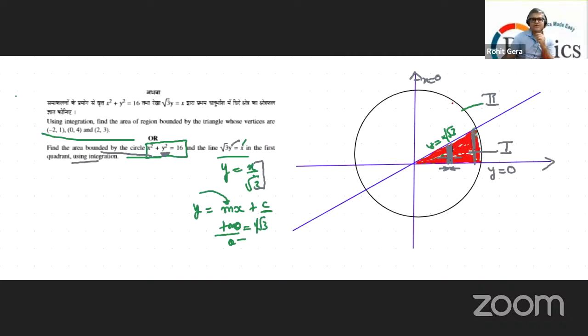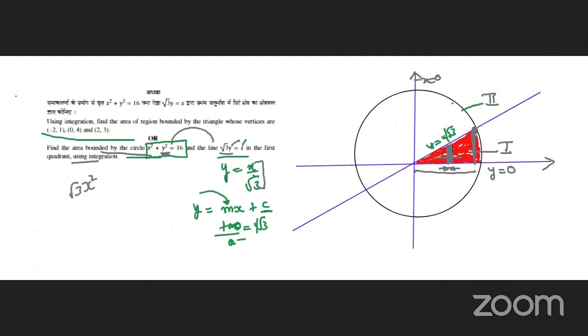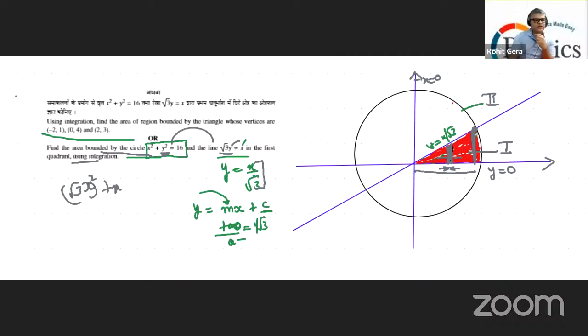So half base into height, right? So we will take this and the point of intersection. We can find the point of intersection by solving these two. Let's put x is equal to root 3 y in the circle. I put y equal to x by root 3.